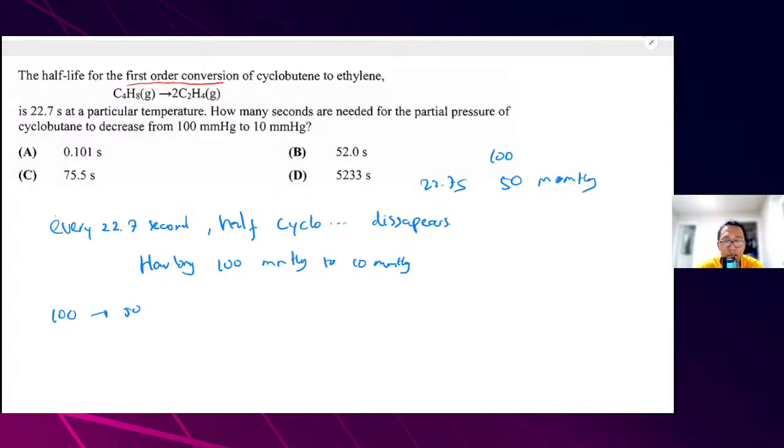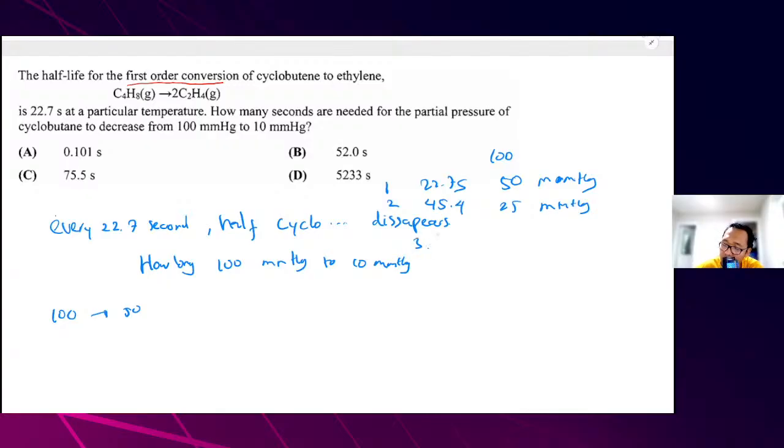This is one half-life. Then for two half-lives, we add more, so it will be 45.4, and it becomes 25 mmHg.